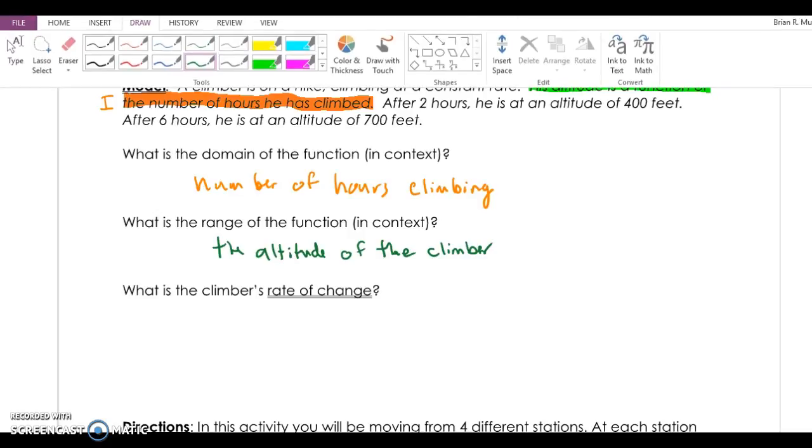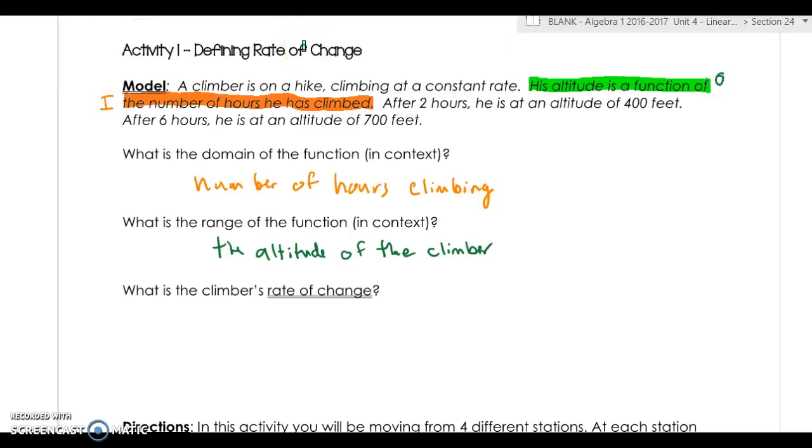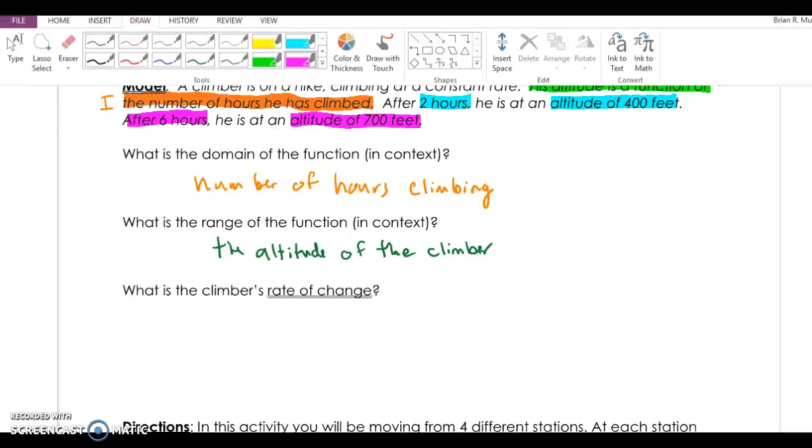So I'm going to look for where I have some numbers, and if I have them, fantastic, I'm going to look to see if I have multiple sets of numbers. So here we have after 2 hours, he's at an altitude of 400 feet. And we also have another pair, after 6 hours, he's at an altitude of 700 feet. So we have two ordered pairs that we can use to set up our rate of change.